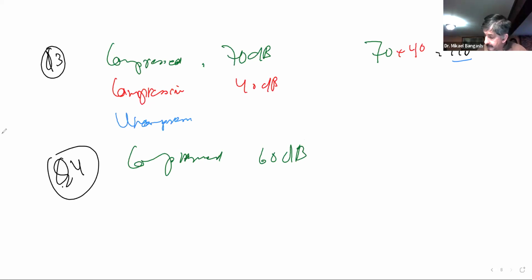The original signal was compressed by 50 decibels, so the degree of compression was 50 decibels. What they're asking is, what was the dynamic range of the uncompressed signal?